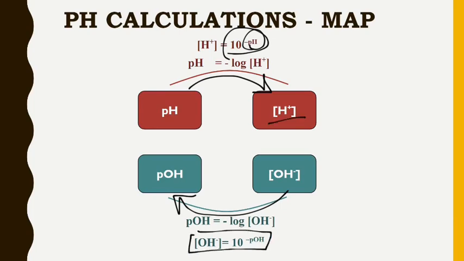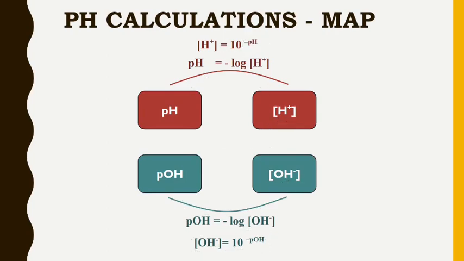Same thing happening down here. If I want to find my OH concentration, I do 10 to the negative pOH in order to get that. So those equations are going to be kind of your bread and butter. That's your back and forth that you need to know, how to take a negative log and do 10 to the negative of a number.